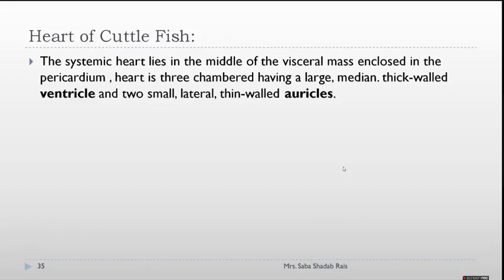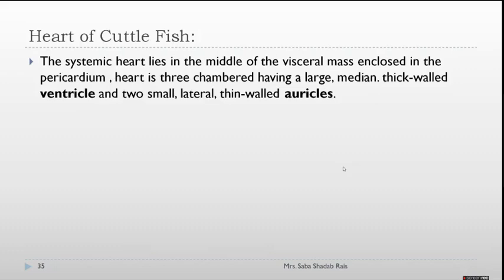So let us discuss the systemic heart of the sepia. As I just told you, it will have three chambers. When we talk about the chambers, you will find that they have a thick walled ventricle. The ventricle in all organisms is always thick walled because it has to bear lots of pressure.